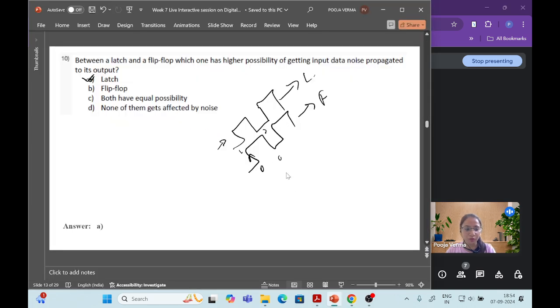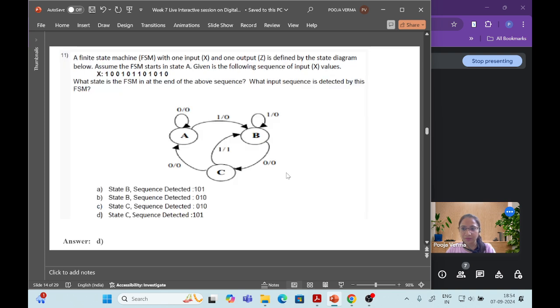Okay, so moving to the next question. The next question is a finite state machine with one input x and one output z. Here it is given one input only, one output. In 0 dash 0, this side represents the input and this one represents the output. These are the states A, B and C, defined by the state diagram below.